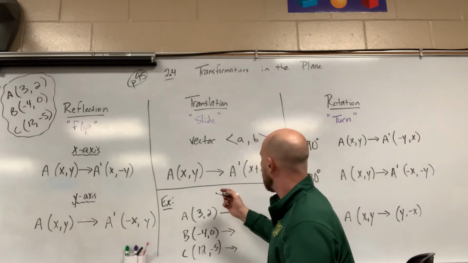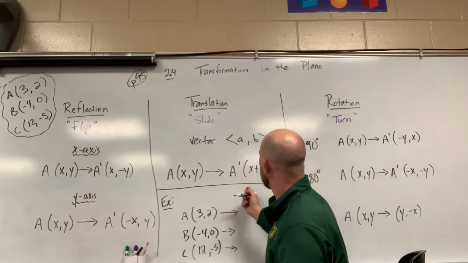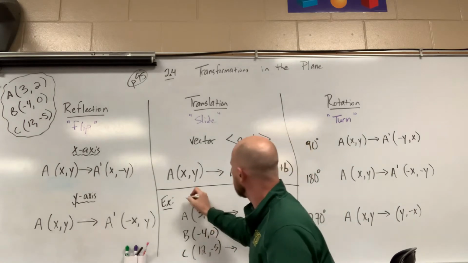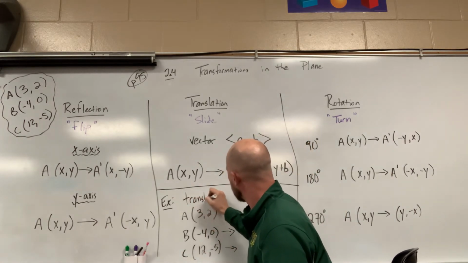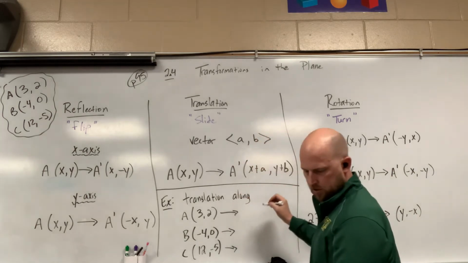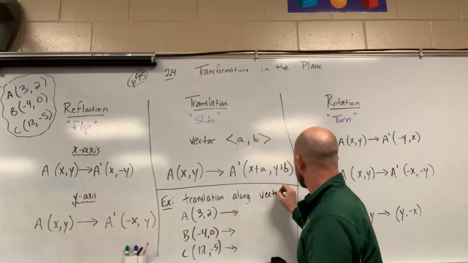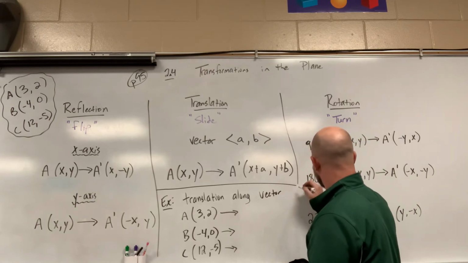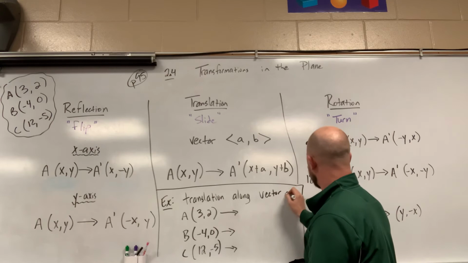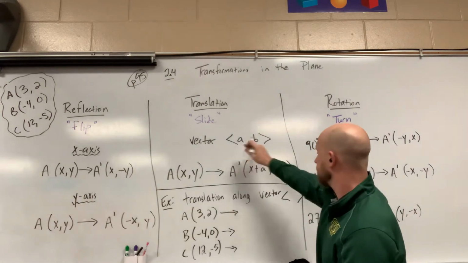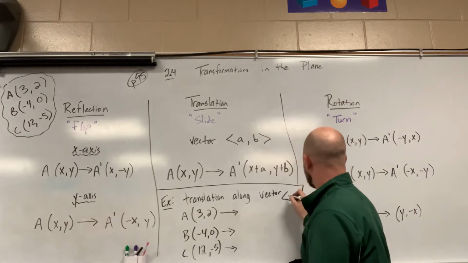So let's do translation along a vector. Vectors are written with these little greater than, less than signs, and it's A comma B. So let's go with -4, 3.